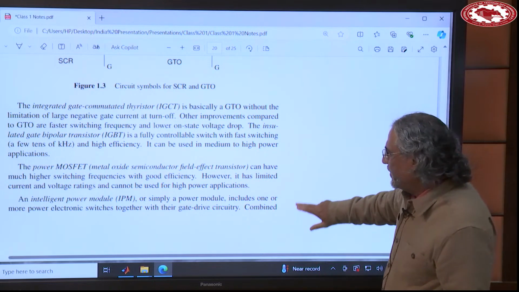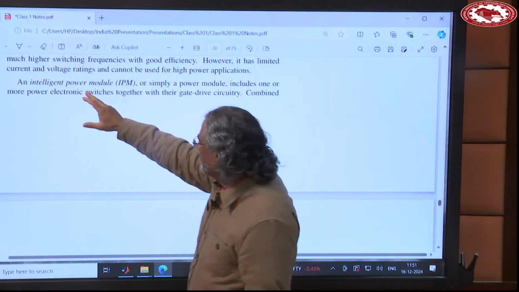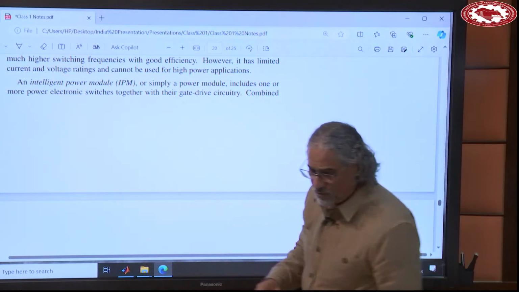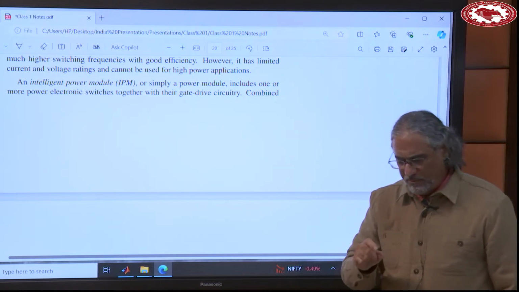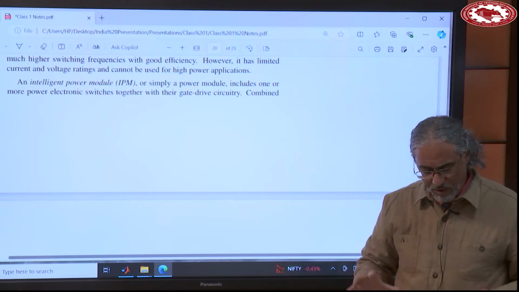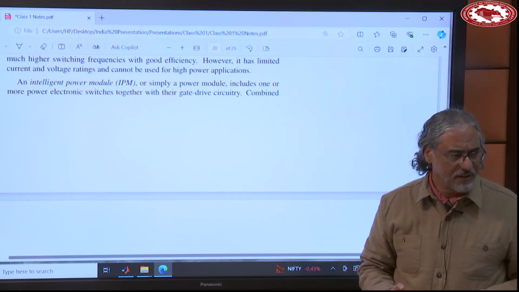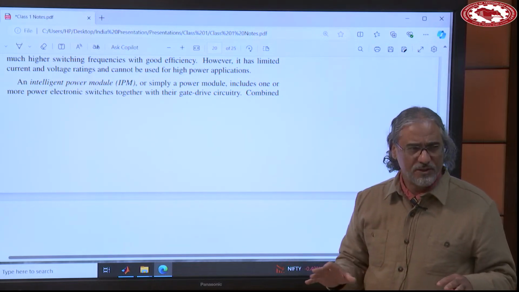All right, so as far as switches, let me talk about just one minute about IPM. Intelligent power modules are very common nowadays. People no longer normally build individual switches. Now you can buy multiple switches connected together, because in converters we hardly use one switch.